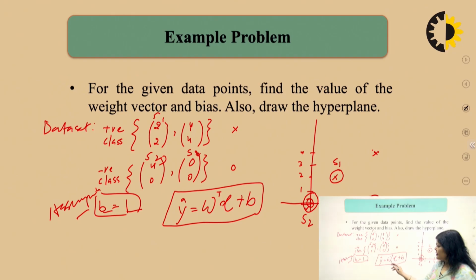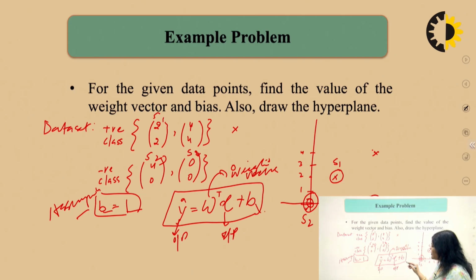So these are the parameters of the linear boundary. You know that y is the output here, x is the input here, w is the weight or the weight factor, and b is the bias.